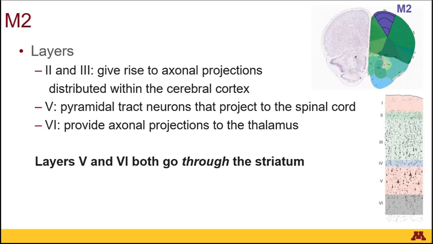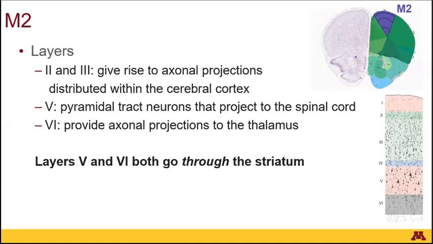Since I'm trying to figure out exactly where fibers that pass through the striatum are coming from, I need to be a little bit more specific. Since M2 is doing a lot, we need to look at individual layers. So the cortex is organized in layers, which are defined by cells with different sizes, shapes, inputs, and outputs. And in M2 specifically, layers 2 and 3 project to other areas of the cortex.